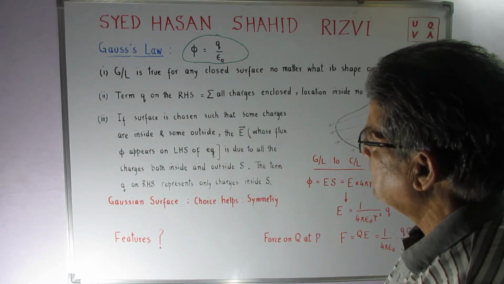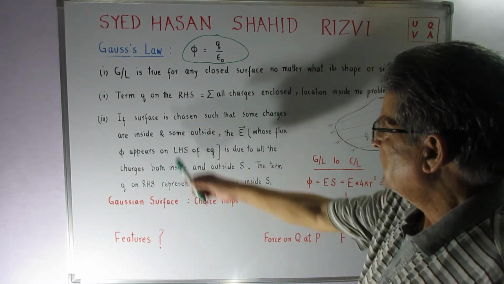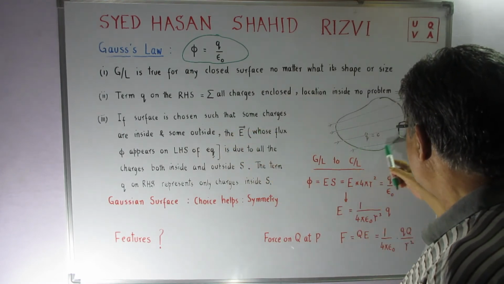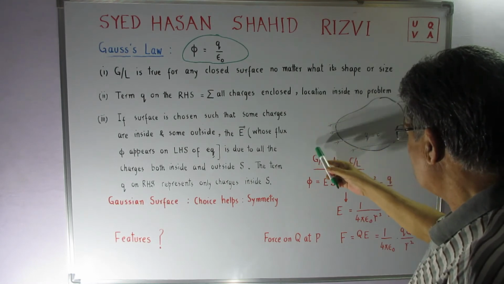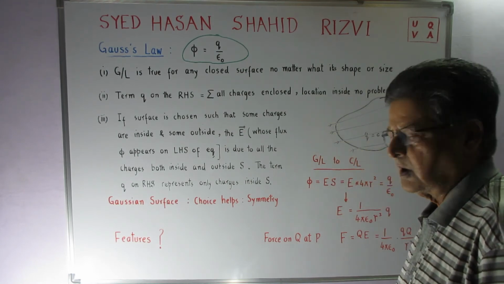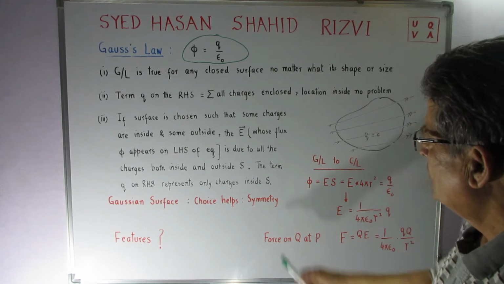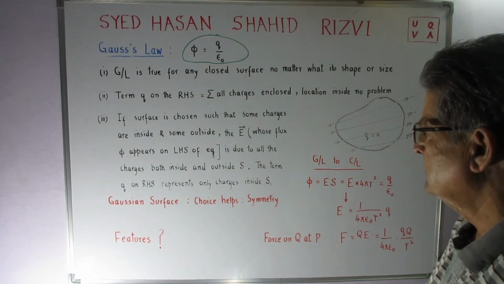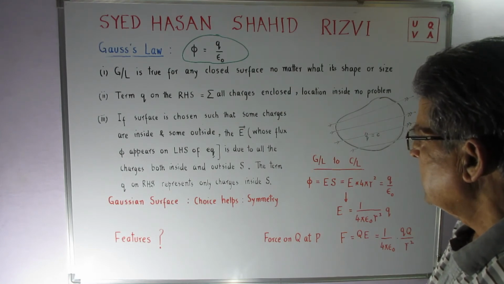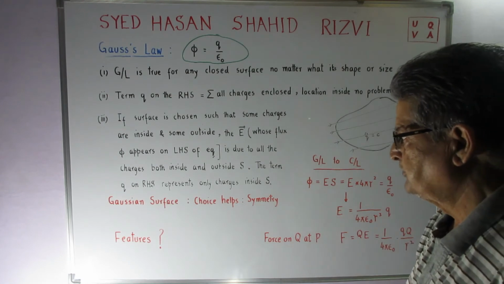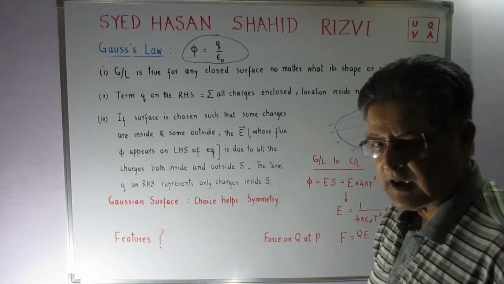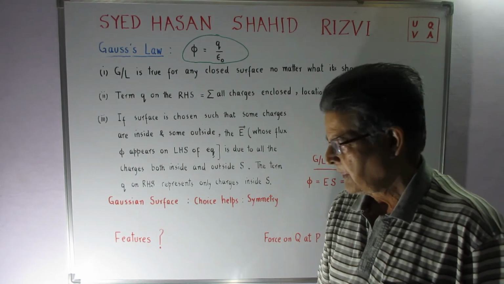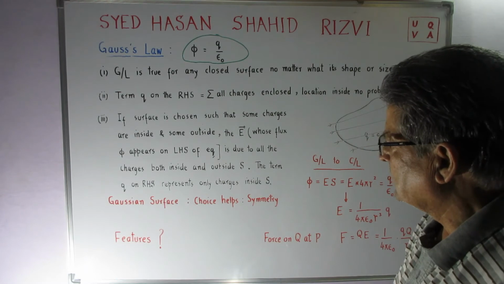Well, if the surface is chosen such that some charges are inside and some charges are outside, the electric field whose flux appears on the left hand side of the equation of Gauss law is due to all the charges, both inside and outside the enclosing surface S. I'll elaborate on that.